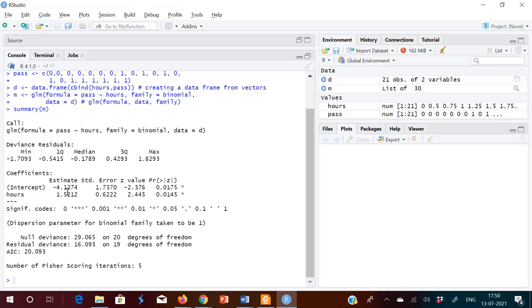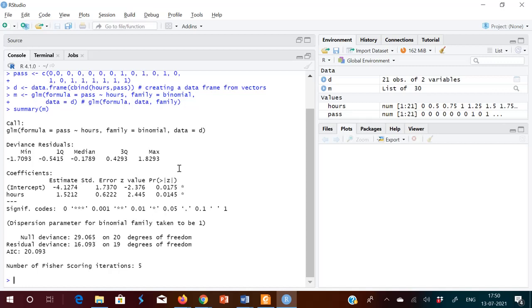This is the coefficient for hours, and this is the intercept, and this is the error in calculating, and the z value is got by dividing this by this. You will get the z value, and what we are more interested in is the p value. It is significant. One star is there, so it is somewhat significant.